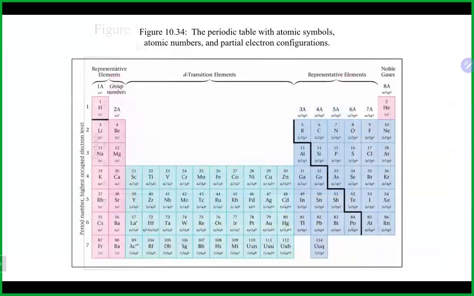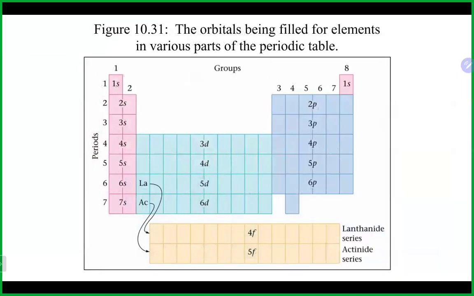So let's talk a little bit about the periodic table and electron configuration. If you know what you're doing, you can actually just count off electron configuration from the periodic table. You can do that by using the periods here. The periods are the n numbers, so period 1 is n equals 1, this would be n equals 2, n equals 3, and so forth.